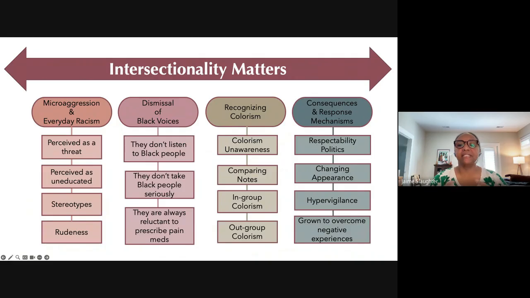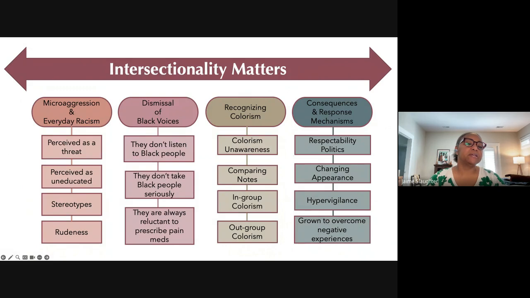So then, based off of the open-ended questions in which we asked people to describe their experiences of differential treatment, Habiba was able to identify these major themes from their responses.